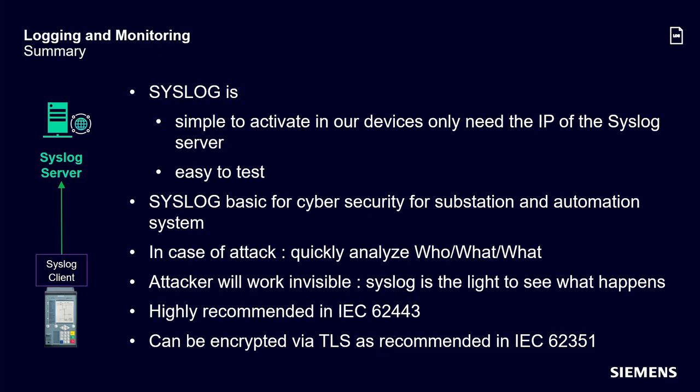In case of an attack, you are able to quickly analyze who, what and when. Attackers will work invisible in the dark. Syslog is the light to see what happens. That is why it is recommended in IEC 62443. And optionally, it can be encrypted via TLS as recommended in IEC 62351.